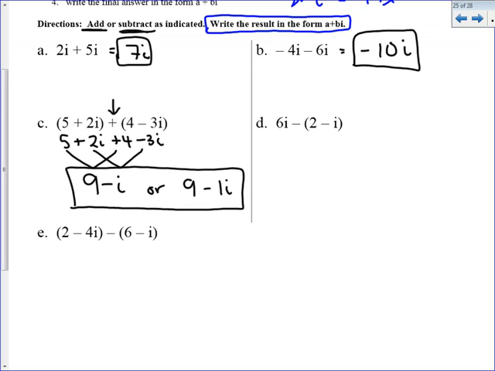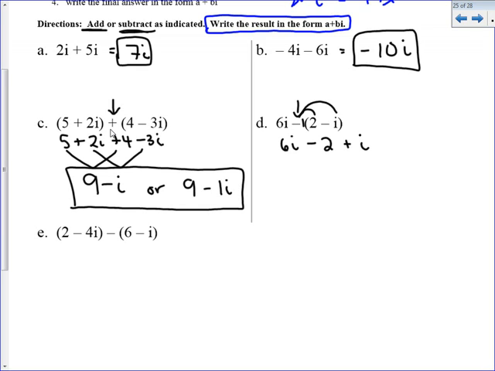Now D is subtraction. Again, notice there's a sign before the parentheses. What did I have to do first day of class if there was a negative in front of parentheses? Distribute it. So it's, again, stuff we've done before. Here we go, -1. So it's going to be 6i minus 2 plus i.